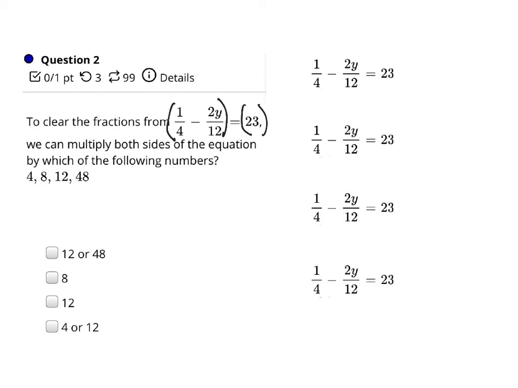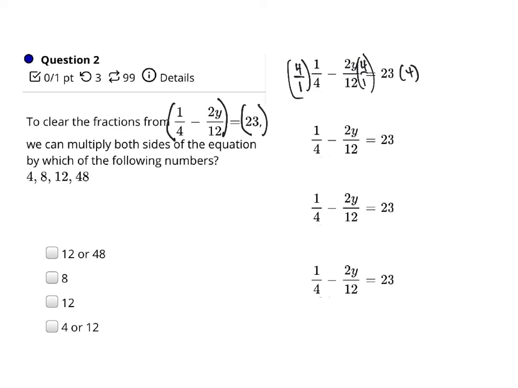Now, they're asking us, would 4 work? So I've put 4 here, and we're going to try 4. When we multiply everything on the left side by 4, that's the distributive property, so we're multiplying this term by 4 over 1, this term by 4 over 1, and then this by 4.